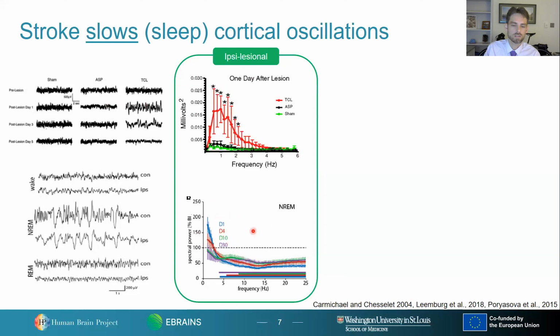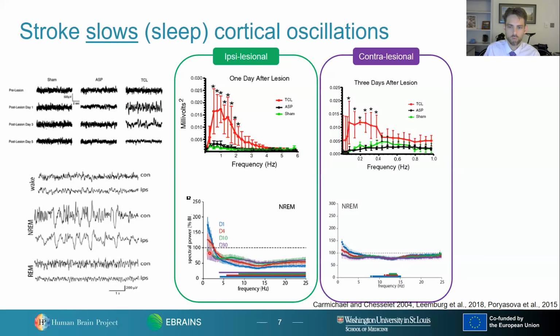And then Susan asked this question during non-REM sleep, and found a loss of high frequency activity and a highly variable increase in the low frequency activity. We can then ask what is actually happening on the other side of the brain. Interestingly, 3 days after the lesion, they start to see the emergence of this slow oscillation, less than 1 hertz. Whereas Susan didn't necessarily see this on the contralateral side, albeit a small loss in the spindle frequency range on the contralateral region.